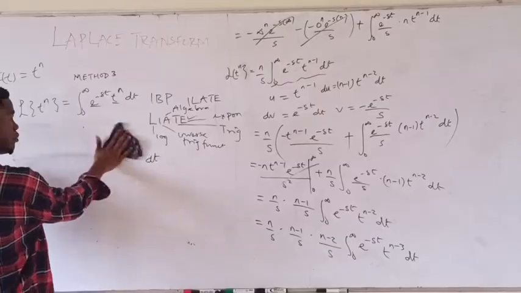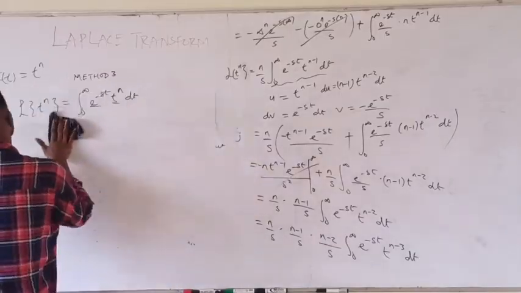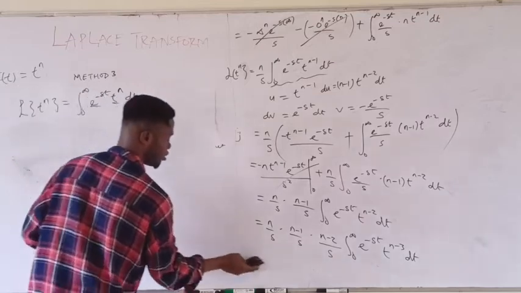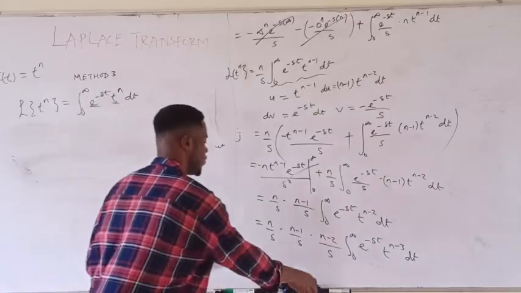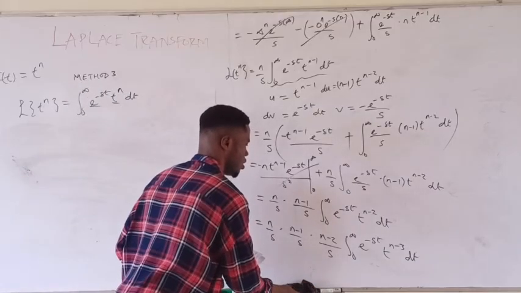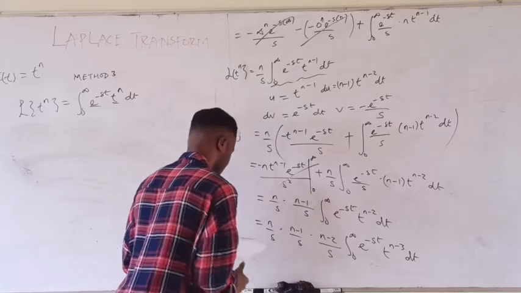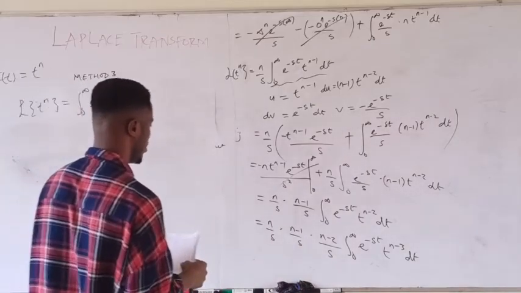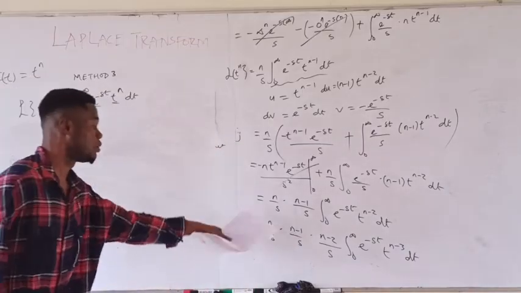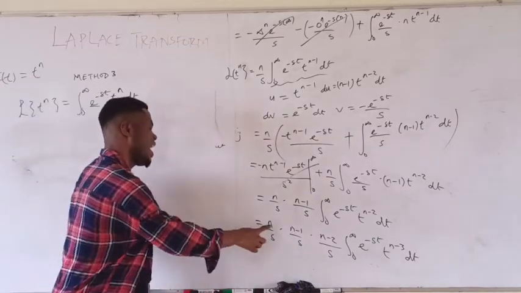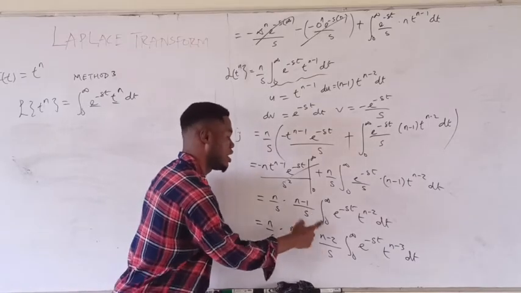Creating that recursive formula here, we can see that n is decreasing by n minus 1, n minus 2.